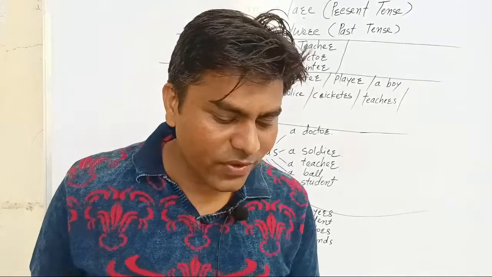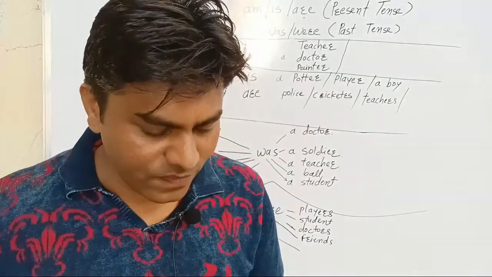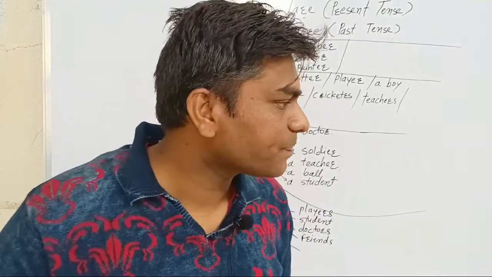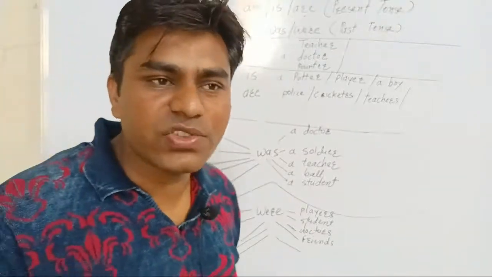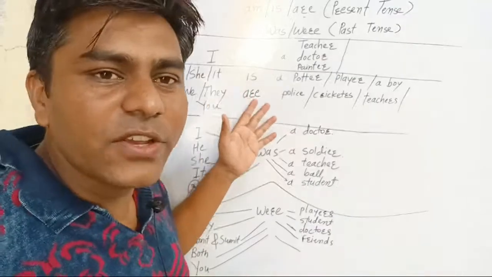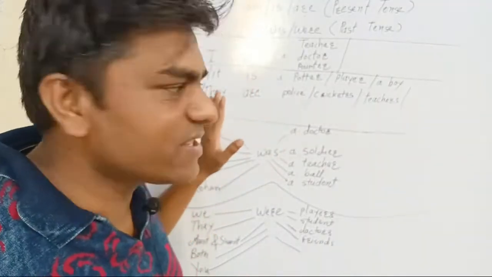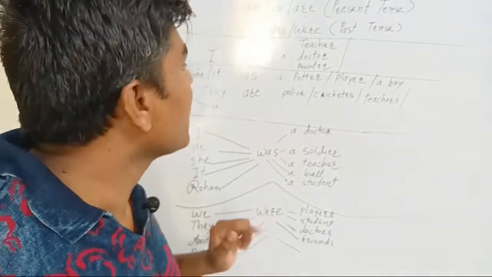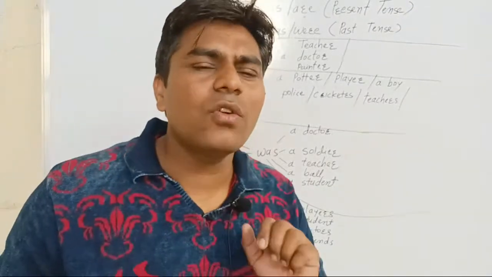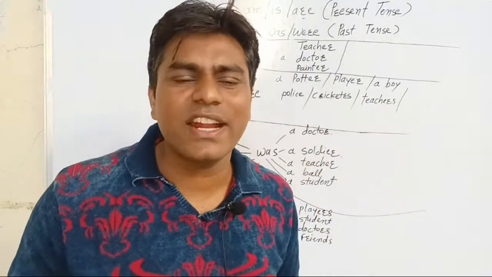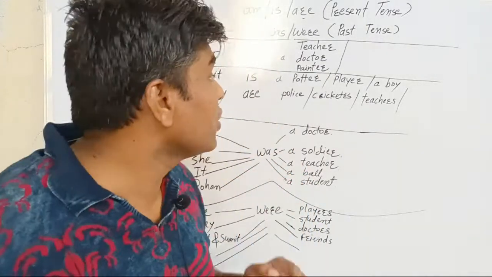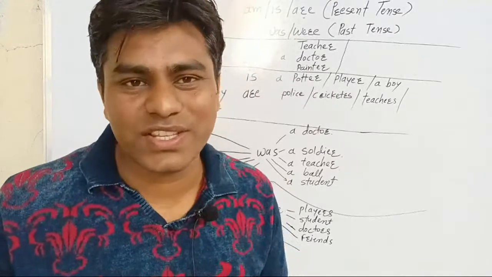Now, friends, today's homework. What do you have to do? At the very first, you have to make different positive sentences using the auxiliary verbs. How many sentences can you make? At least you have to write 25 to 50 sentences.